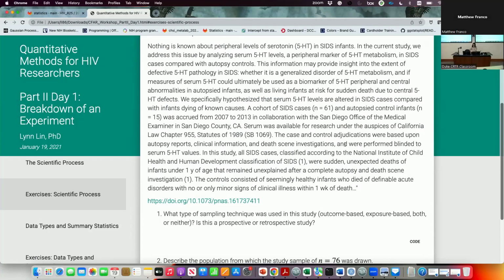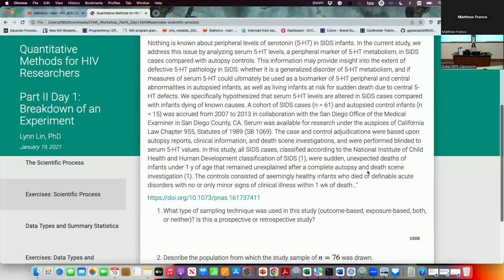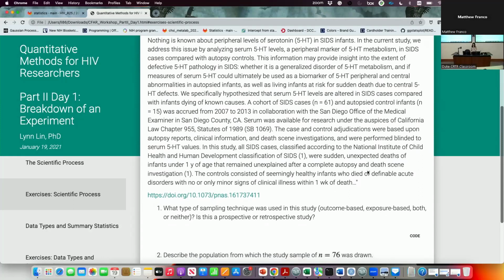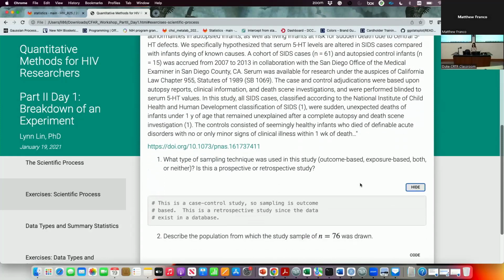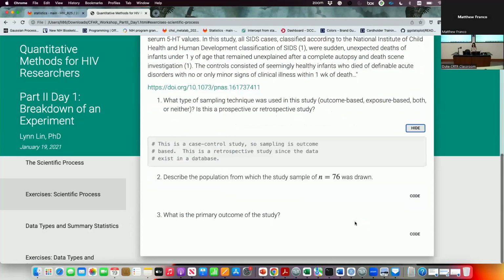So first of all, is this a prospective or retrospective study? Yes. And what kind of study is it? Is it outcome-based, exposure-based, or neither? It's outcome-based, right? What's the outcome?